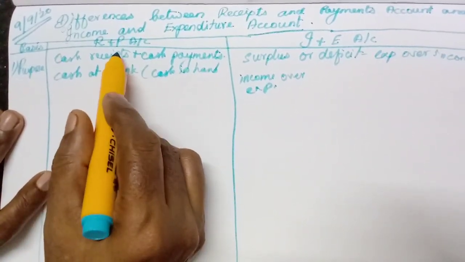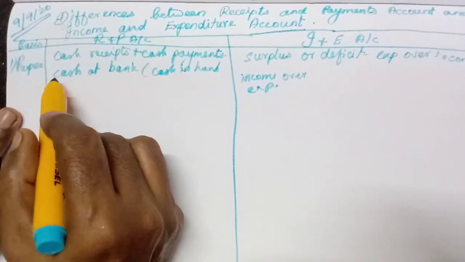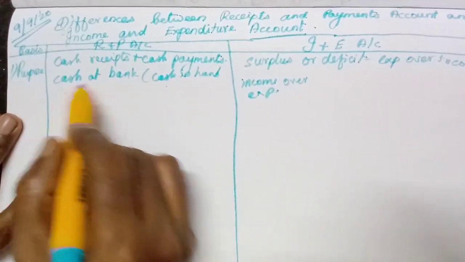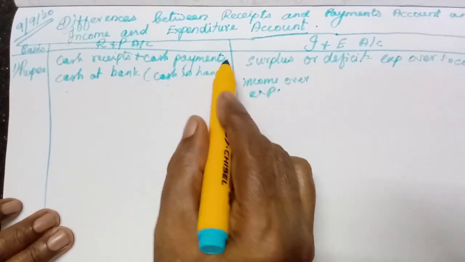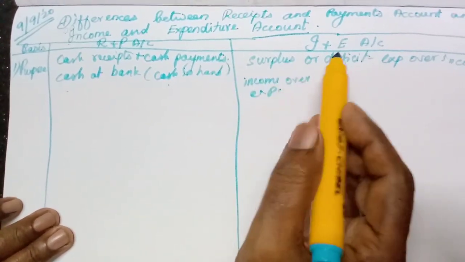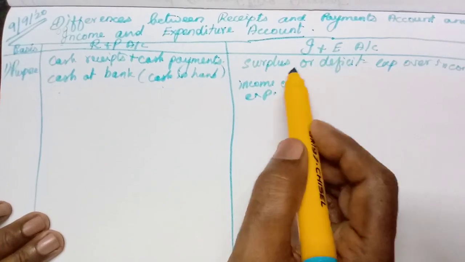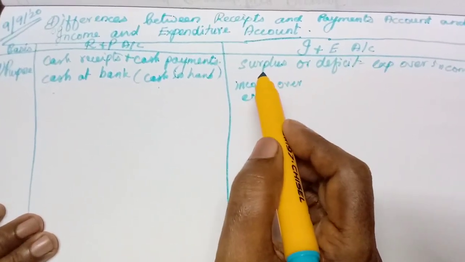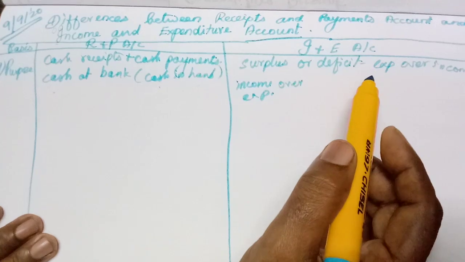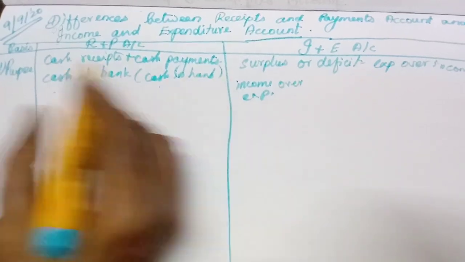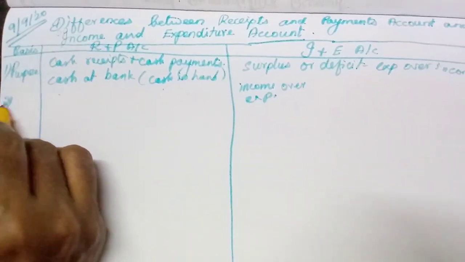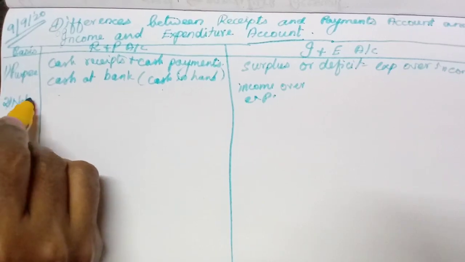But in this account, after preparing, we are calculating the cash in hand or cash at bank at the end of the period. Okay, that is the purpose. Here, by entering all the income and expenditure, we are finding out the surplus or deficit on that particular date. Okay, then the second one is nature of account.